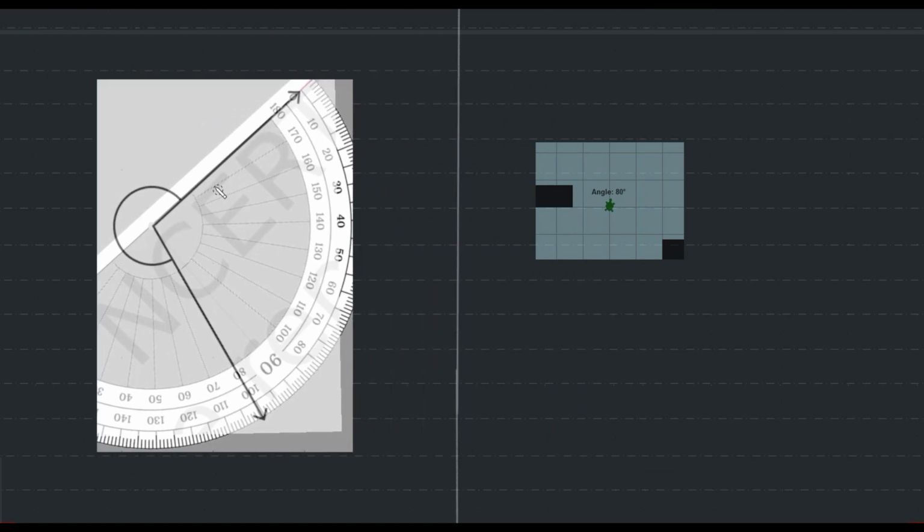So let's measure this part of the angle. I'm measuring this. How much is that? First thing first, are we in the right place? Is my vertex and the center of the protractor overlapping? Yes. Is my 0 degree and the baseline overlapping? Yes. Do we have a 0 over there?